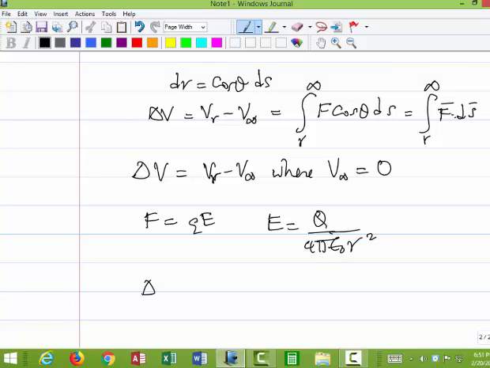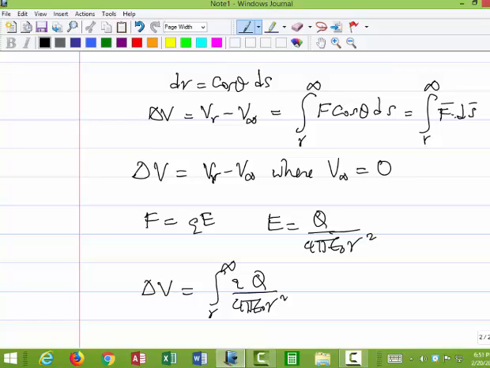So delta V can be written as the integral from R to infinity of F, which is equal to q times uppercase Q over 4 pi epsilon naught r squared.